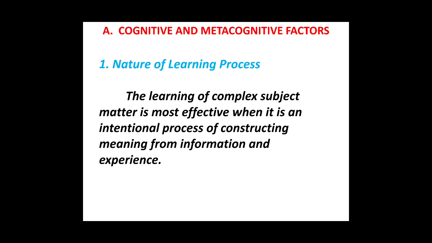As you have probably seen and learned and realized, no, in our previous modules and previous discussions, learning is a complex process. Doon pa lang sa information processing, komplikado na. We can already see that learning is a complex process.